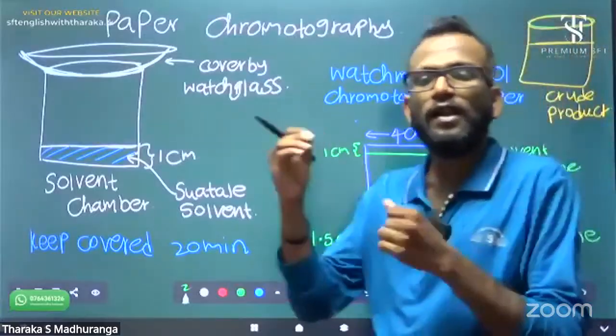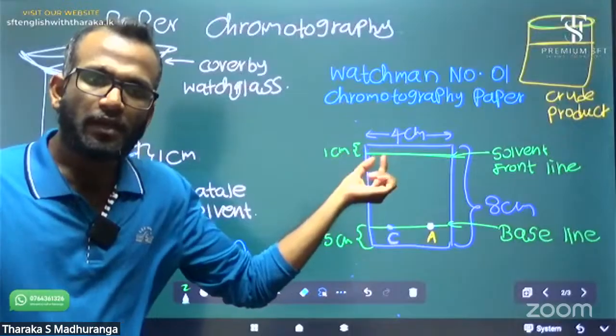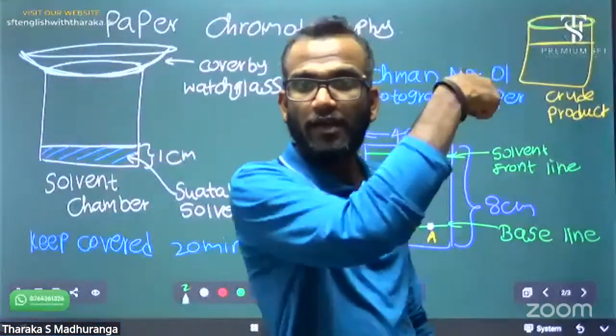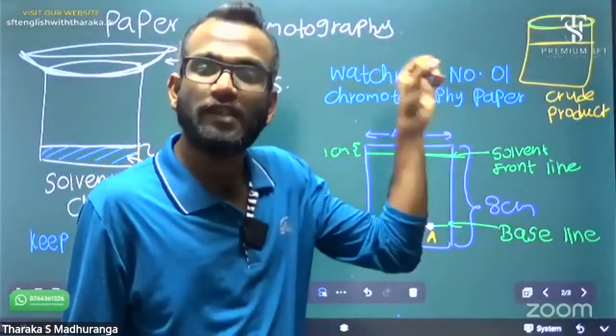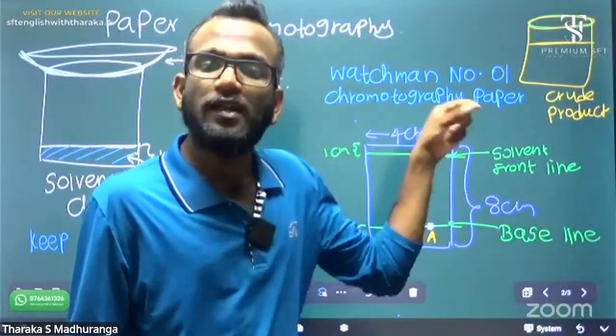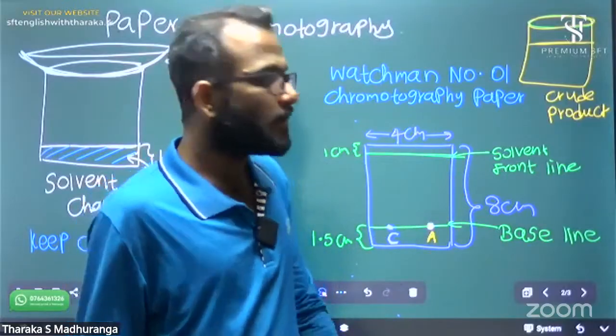Draw the solvent front line 1 centimeter below the upper end and place the crude product sample and control sample on the baseline using a glass rod.